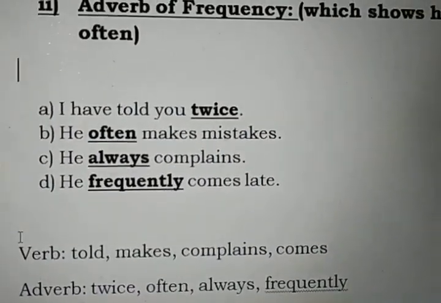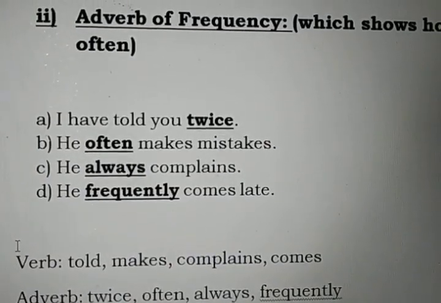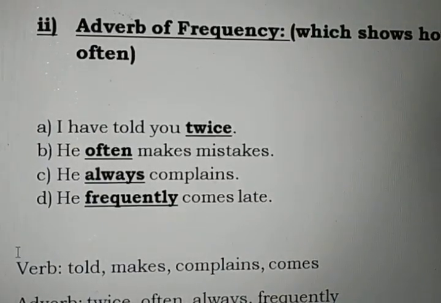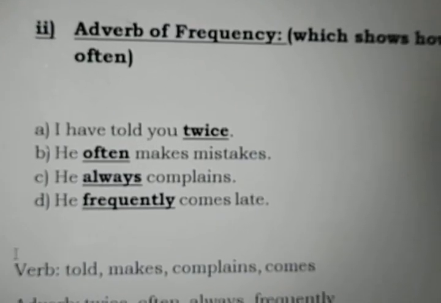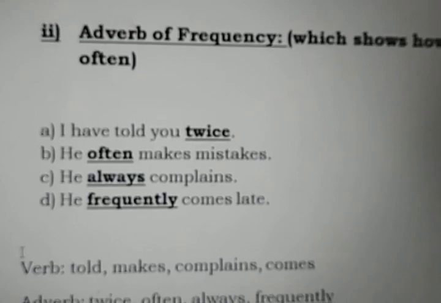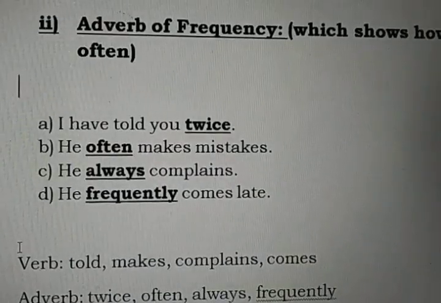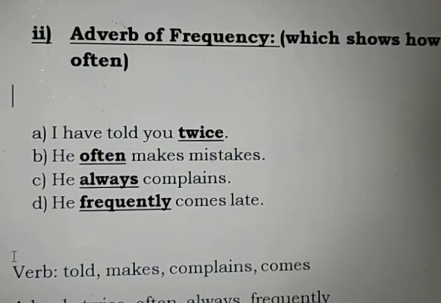First one, I have told you twice. He often makes mistakes. He always complains. He frequently comes late. So here you can see the underlined words: twice, often, always, frequently. These are all adverb of frequency which tell how often the action was done.